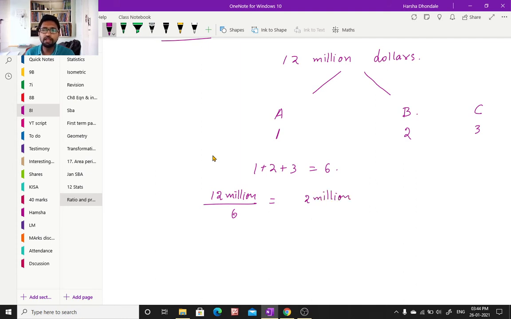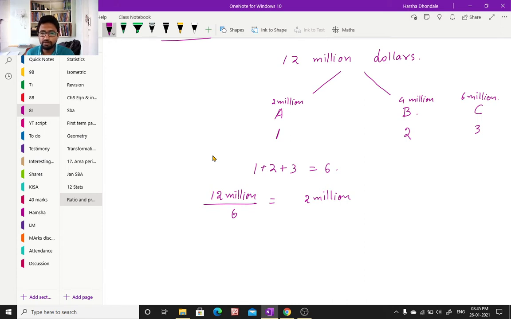So A gets 2 million, B gets double of what A gets, which is 4 million, and C gets 3 times of what A gets. So 3 2s are 6 million.